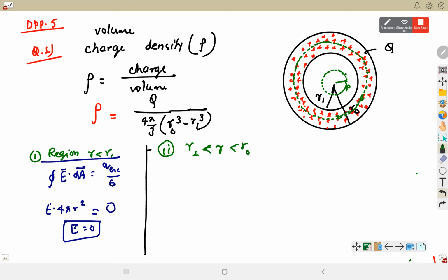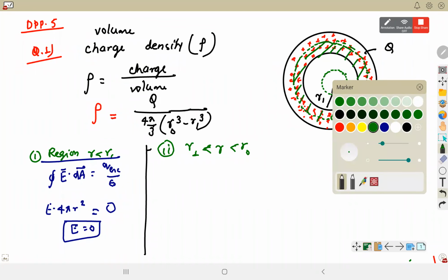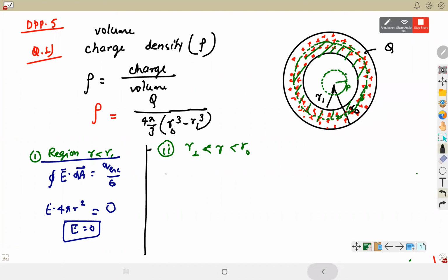The charge inside it we have to calculate by using again the volume charge density. Consider a Gaussian surface passing through that point, of radius small r. Apply Gauss theorem again: integration of E dot dA is equal to total charge enclosed by epsilon naught.